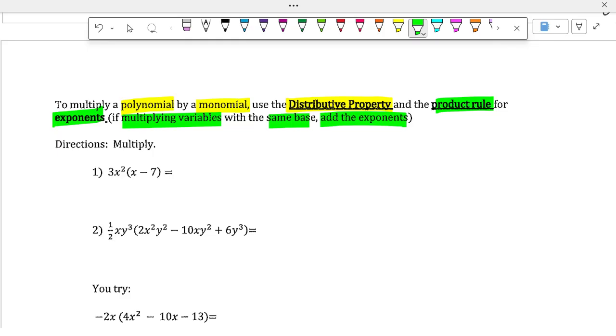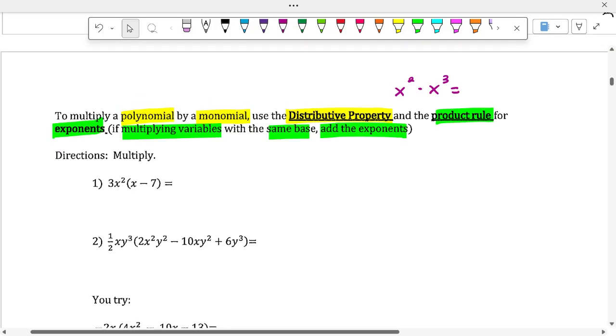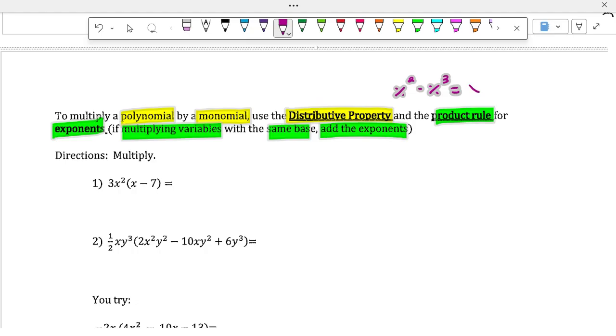All right, so for example, if you had x squared times x cubed, what is that? What's x squared times x cubed? X to the 5th. All you do is just add these two exponents. That's all you got to do.